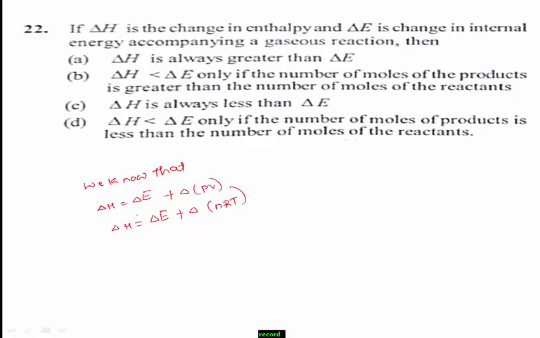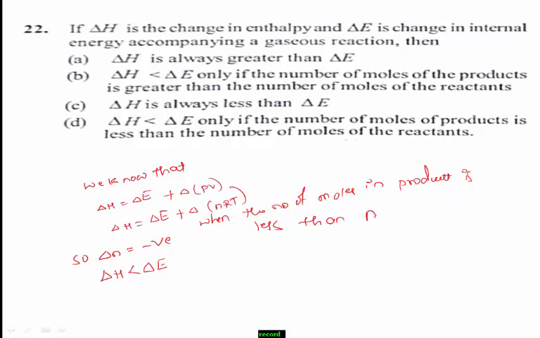When the number of moles in the product is less than the number of moles in the reactant, delta N becomes negative, and delta H is less than delta E. So the value of delta N becomes negative, then delta H is less than delta E. Therefore, delta H is less than delta E only if the number of moles of the products is less than the number of moles of the reactants.